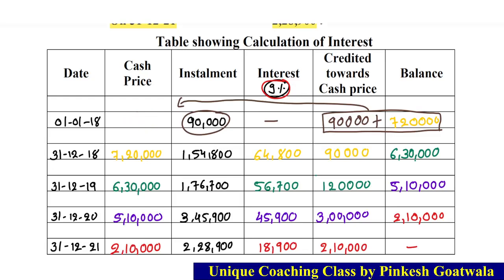So 90,000 plus 7,20,000, the total comes 8,10,000. So it is our answer, our cash price.